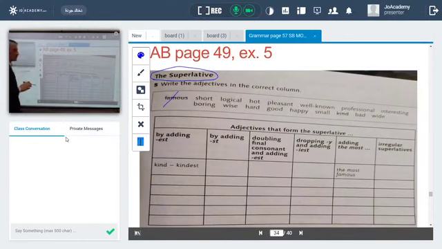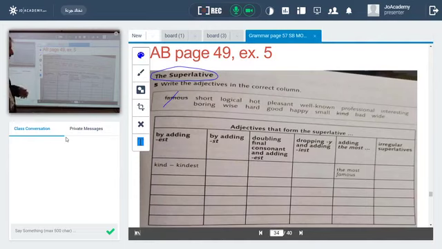We are talking about superlative, adding est or the most before the adjectives. Okay, here we need to add only st. Which one? We will add only st.